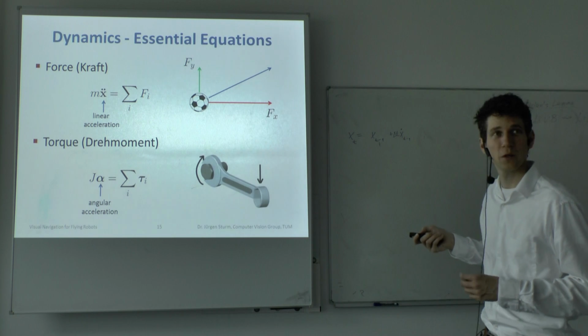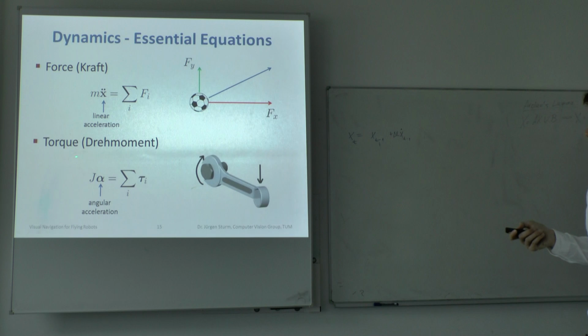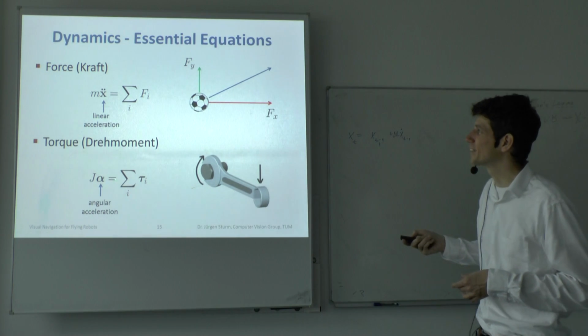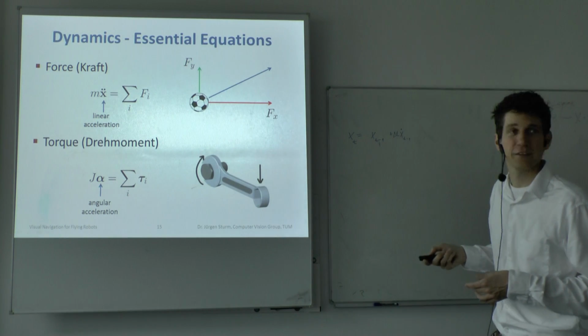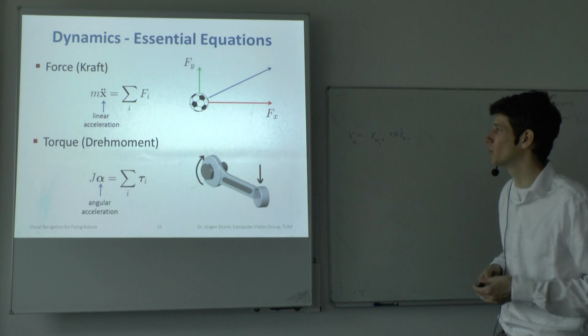So you can sum up the torques, which are vectors. And there's an inertial matrix, J, which corresponds more or less to the mass for the force. So a heavy object will be more difficult to accelerate. And then this alpha here corresponds to the angular acceleration. So to speak, this is the 3 degrees of freedom of the rotation.